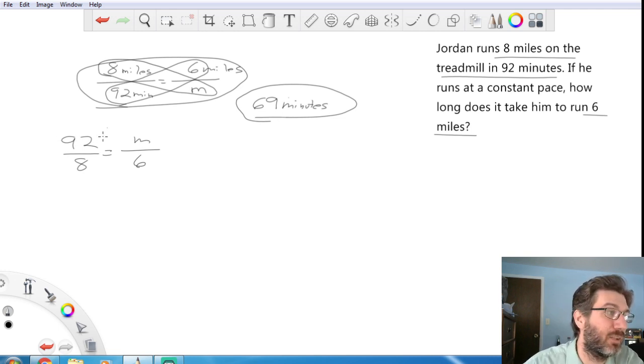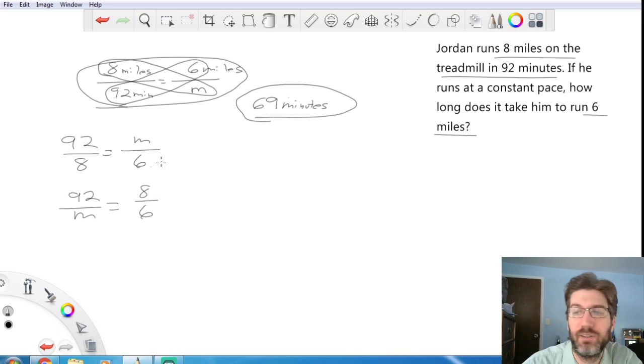You're still going to say, hey, we're going to do 92 times 6, and then you're going to divide by 8. You could have also set it up as 92 over m is equal to 8 over 6. That would also work out. You could do 92 times 6, which would give you that 552 divided by 8, still gives you the 69.